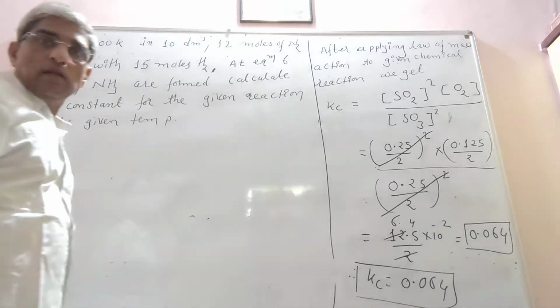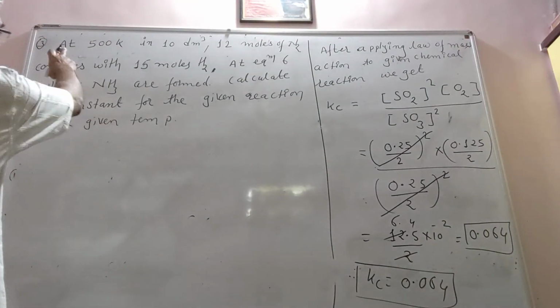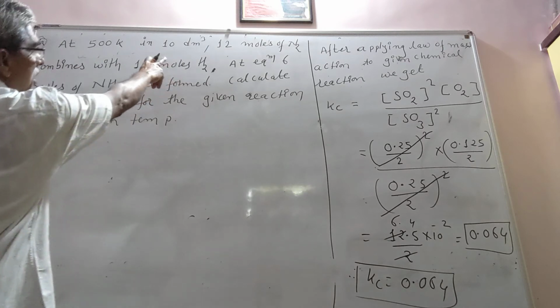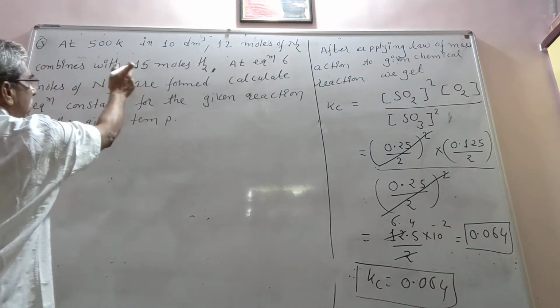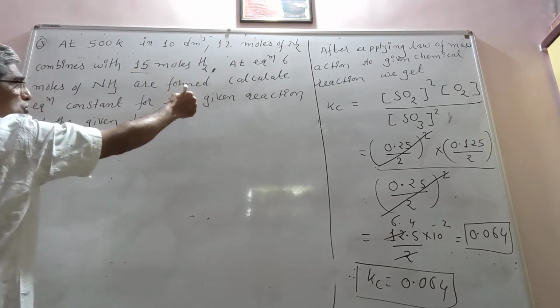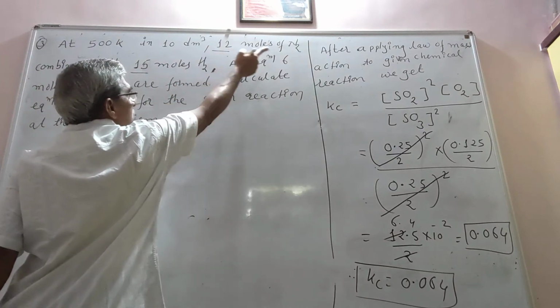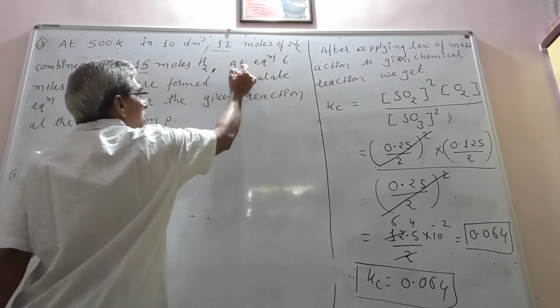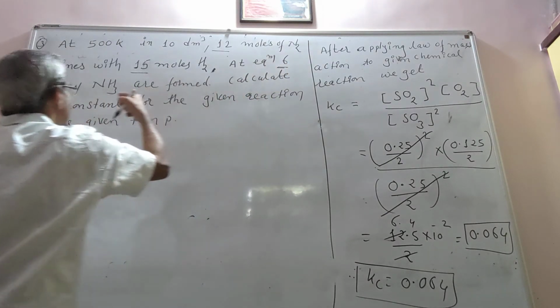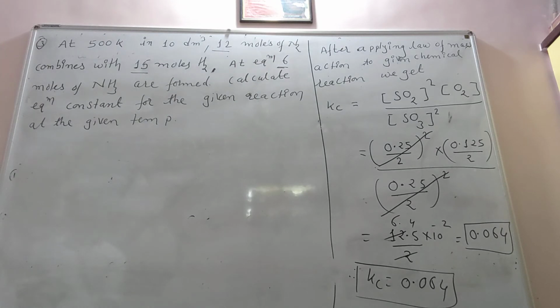Interesting numerical. At 500 Kelvin in a 10 dm cube, 12 moles of N2 combined with 15 moles of H2. Then at equilibrium 6 moles of ammonia are formed. And our aim is to calculate the equilibrium constant.